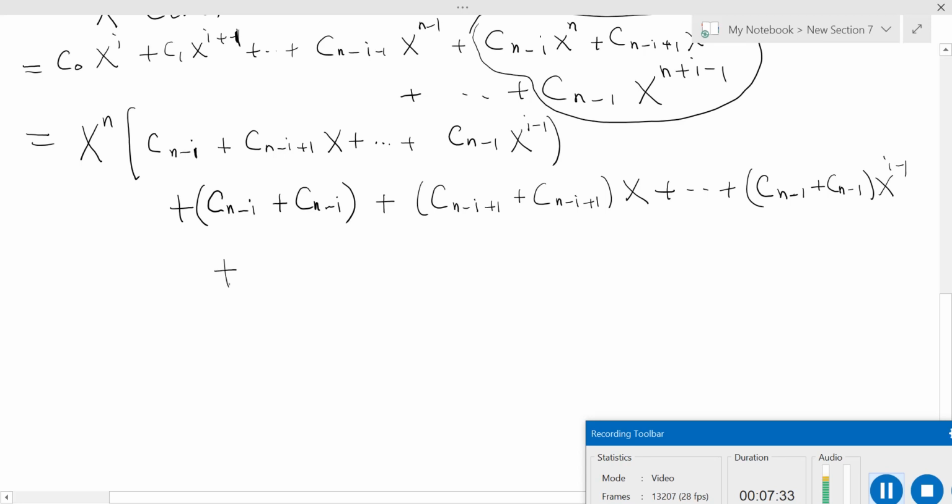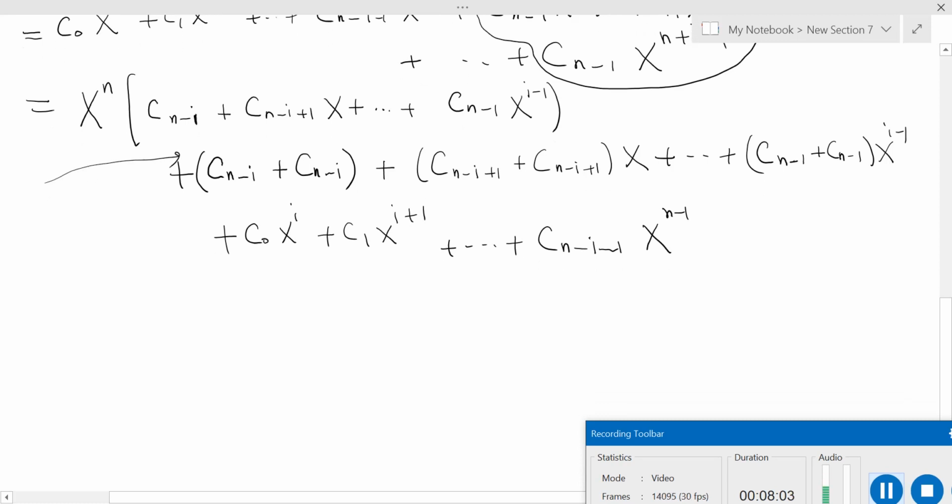And then there are other previous terms, C0 x to the power I, C1 x to the power I plus 1, plus Cn minus I plus Cn minus I minus 1 x to the power n minus 1, right? So no issues with it. These are all actually 0.